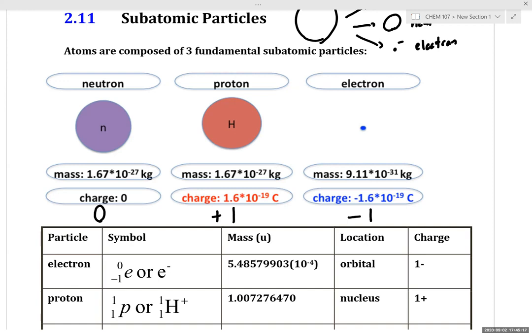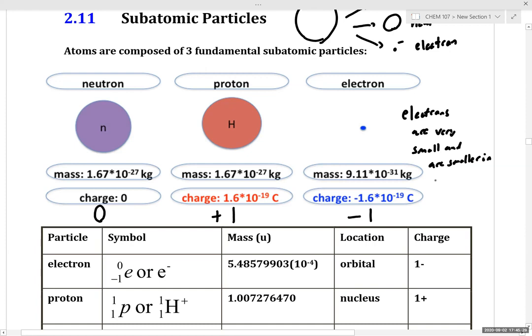The electron. I'd like you just to know that electrons are very small and are smaller in mass than protons and neutrons.